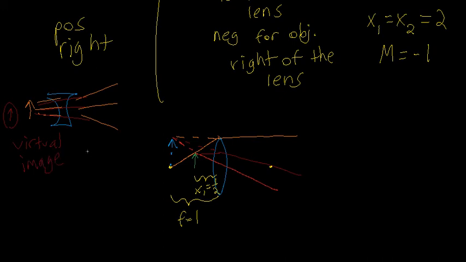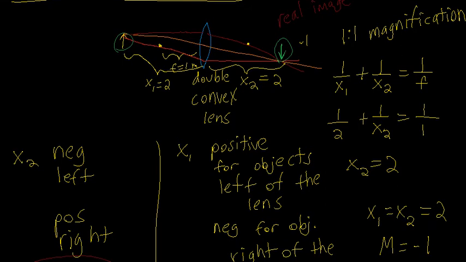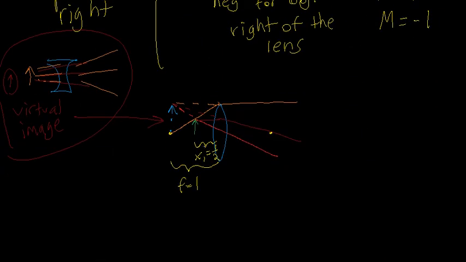And that's what we have in this case, and in this case. But up here, we have what we call a real image. Generally, if all the rays actually do converge, then you have a real image. If they don't, then you have a virtual image.